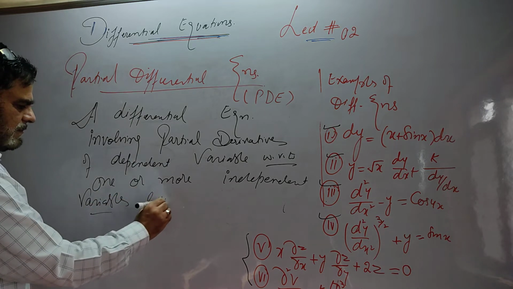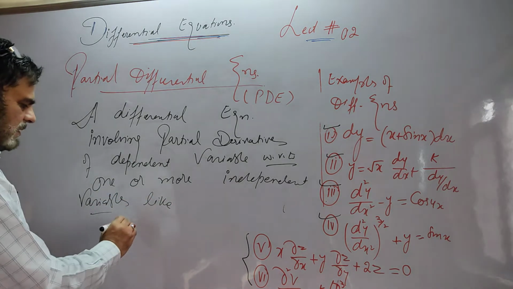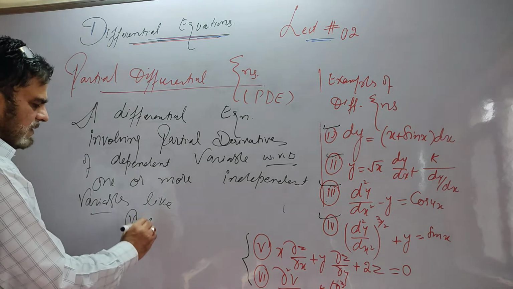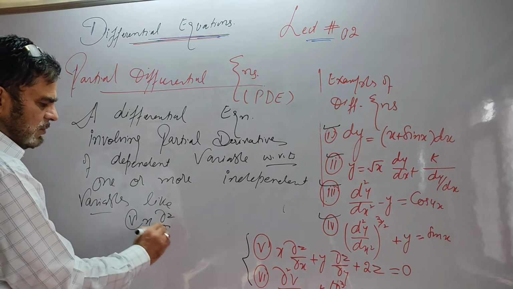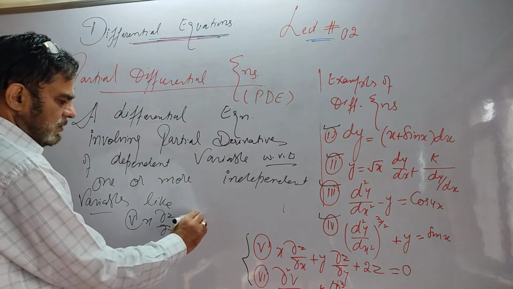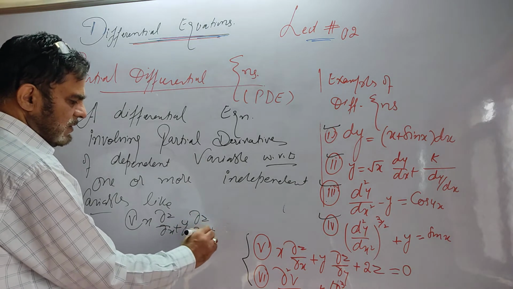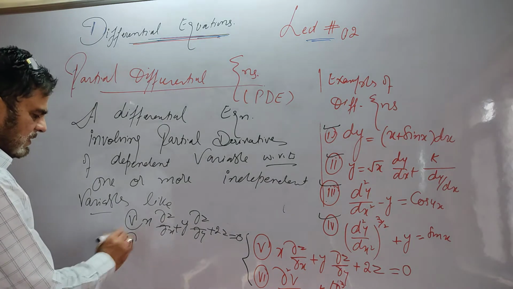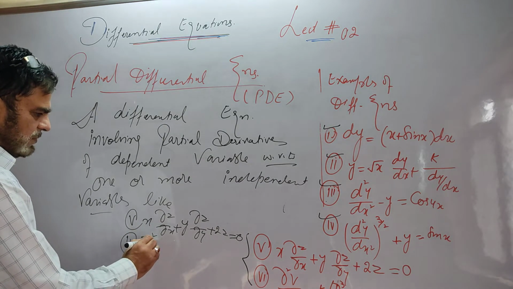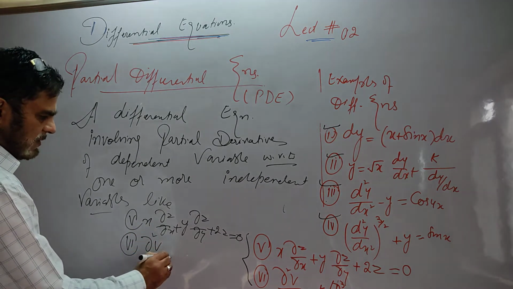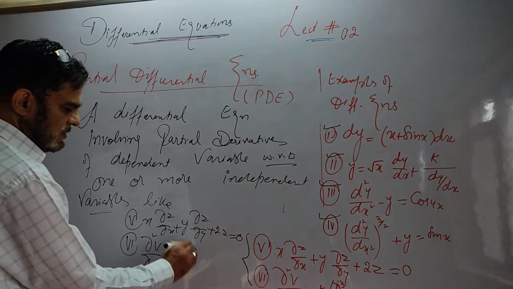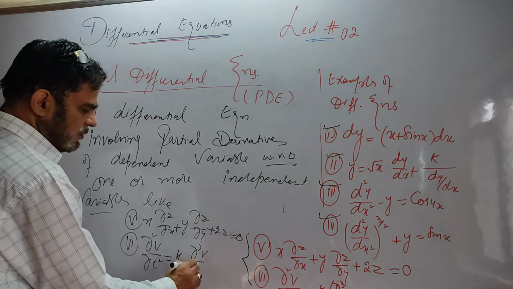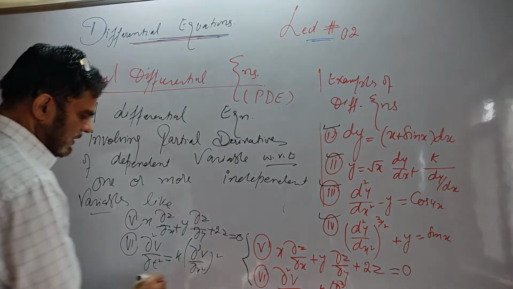Like the fifth I wrote there, x dou z by dou x plus y dou z by dou y plus 2z is equal to 0. Sixth I wrote dou 2 v by dou t square is equal to k times dou 3 v by dou x square whole square.